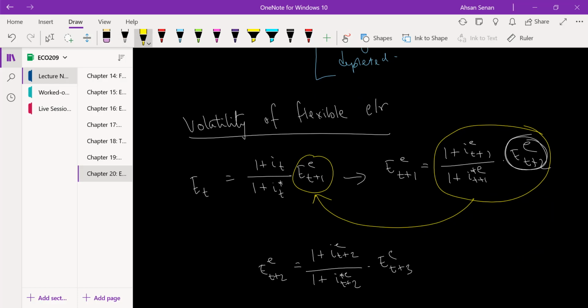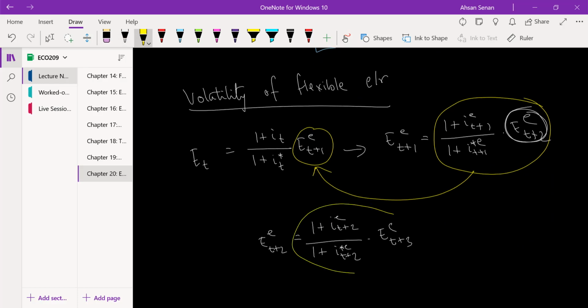So what we can do is take this value and plug that in here, and then of course plug this in here. But notice once again we can go further. What's the value of this?